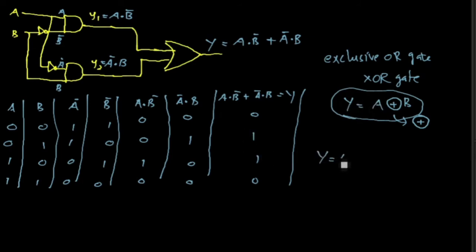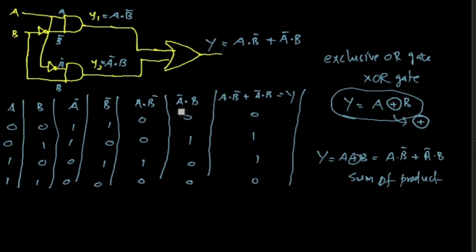So for the XOR gate, Y is A exclusive OR B, which is actually A B complement or A complement and B, which is a sum of product form of A and B.